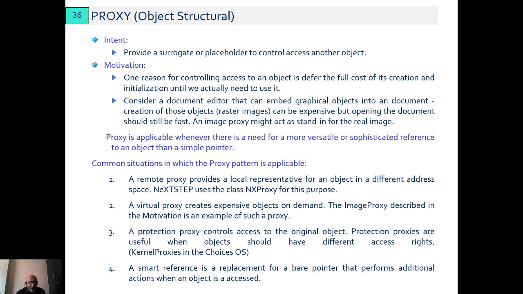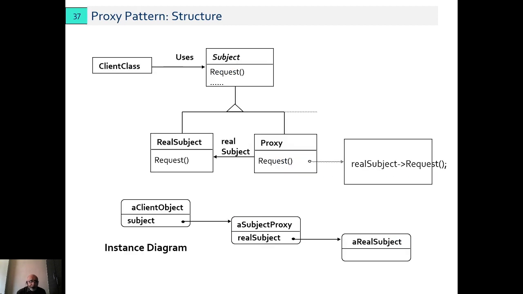So subjects might change, right? Let us say one student sits in, then another student sits in. The subject has been changing, but the chairs do not change, the placeholders do not change. So if you understand the structure, you understood the proxy pattern. The client class tries to communicate with the subject. Subject has the real subject and you have the proxies.